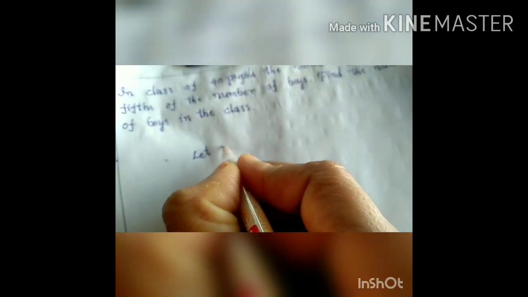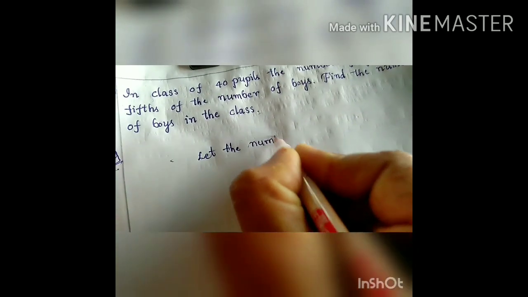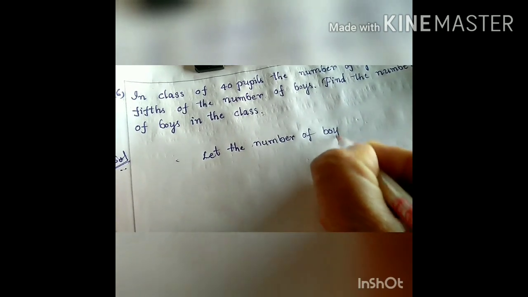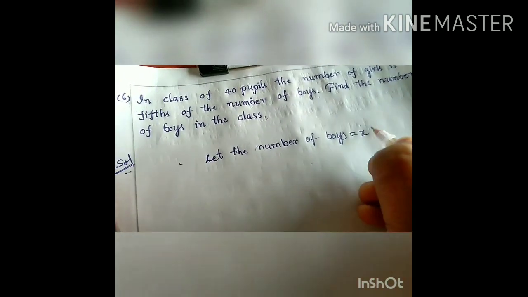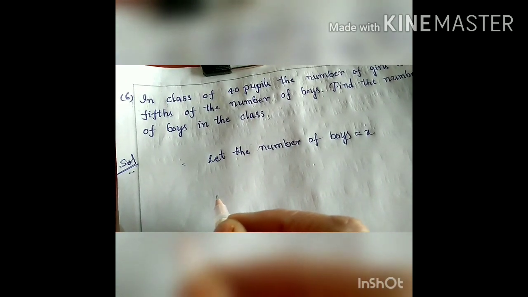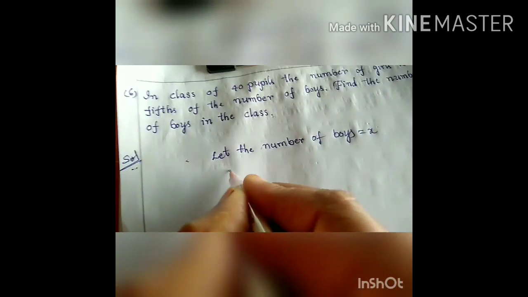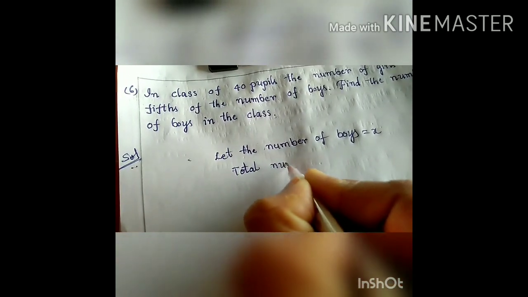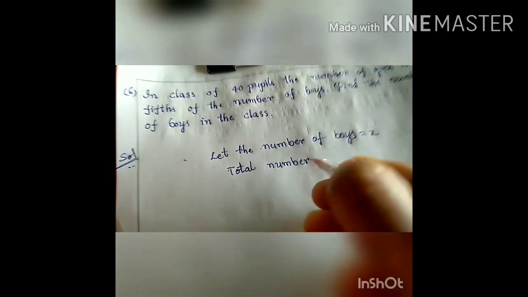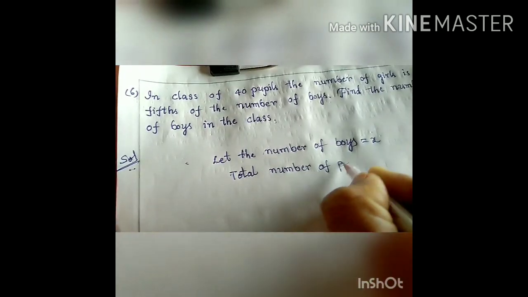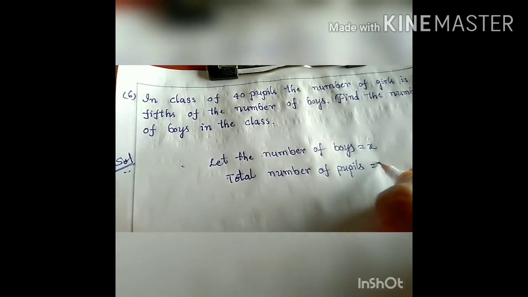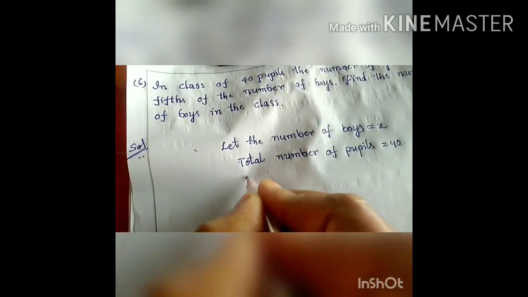Let the number of boys equal x. Since the number of boys is not given, we take the number of boys as x. The total number of people equals 40.